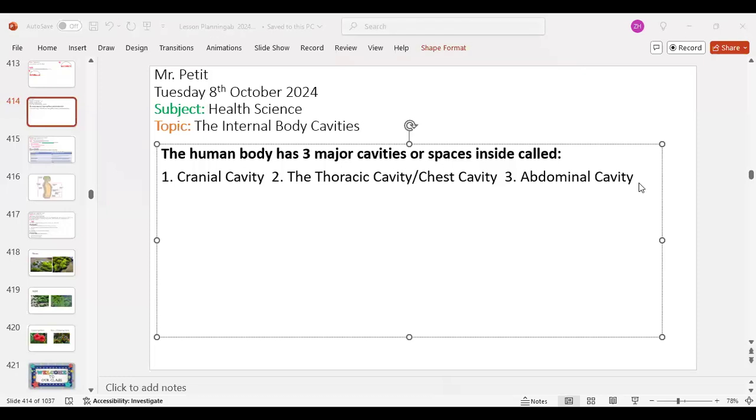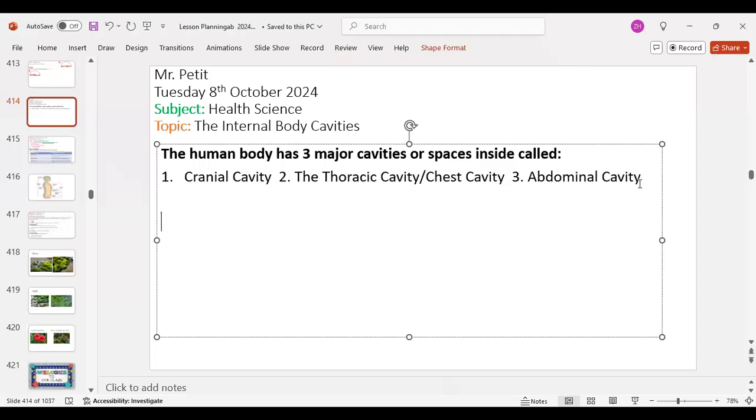So let's go ahead and talk about it. I'm going to create a table. In this table, we're going to say what the cavities do and what's inside of them. Write this down.